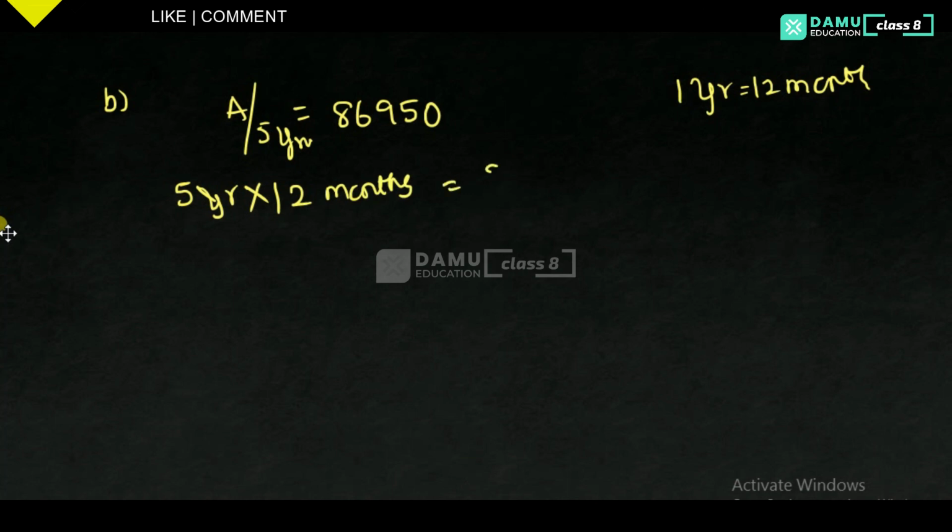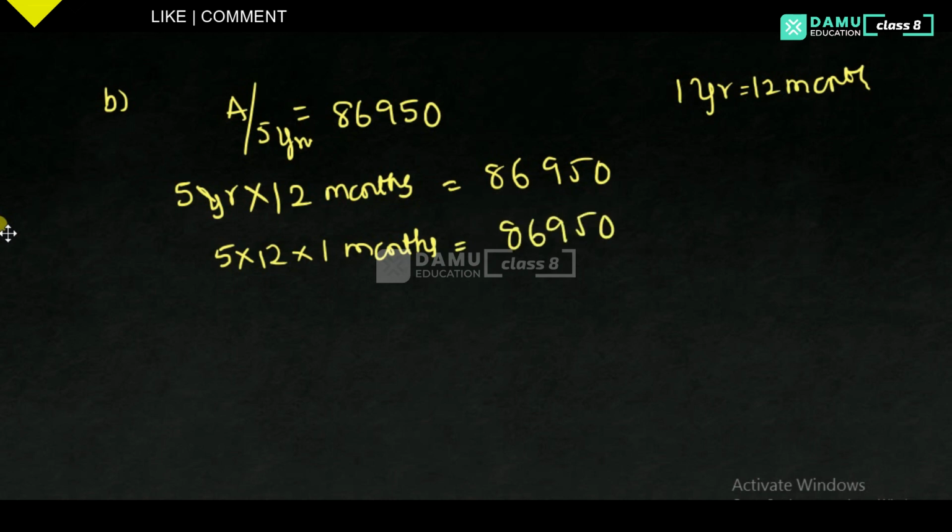But we have to calculate only for 1 month. So we divide by 5 into 12 months, so that we get 1 month's installment. For 1 month, the amount will be equal to 86,950 by 5 into 12.